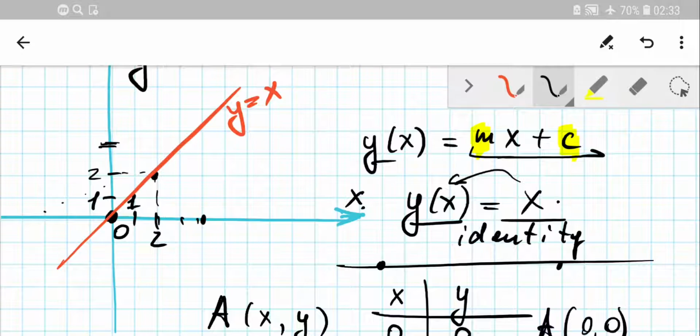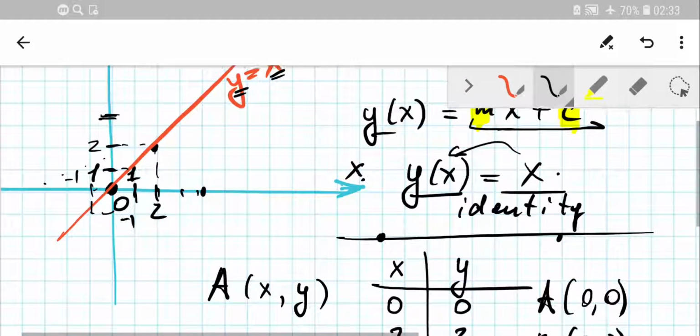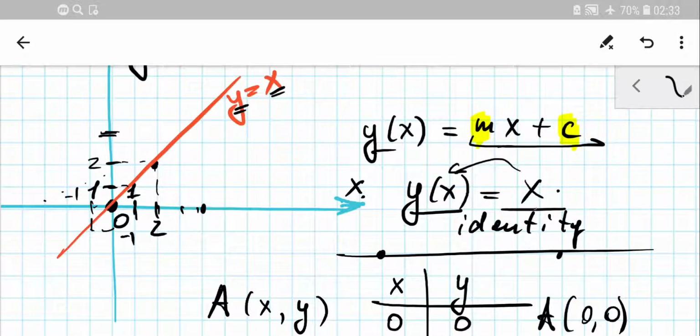Why is it the identity? Because the x value always corresponds to the same y value, meaning they are equal. For example, if you take 1 for x, y is also 1. If it's 2, y will be 2. If you take a negative value, let's say negative 1, y will be negative 1. That's why it's called identity. Now it's time to understand the first coefficient, m.